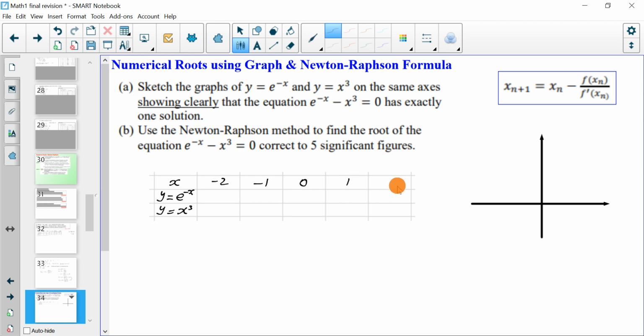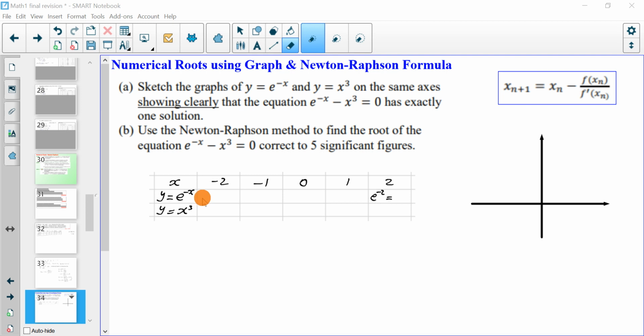And say if I don't remember my graphical form, if I do that, I can sort of get a shape of what the graph would look like. So now I would put these values into the calculator and simply calculate what the corresponding y's are.